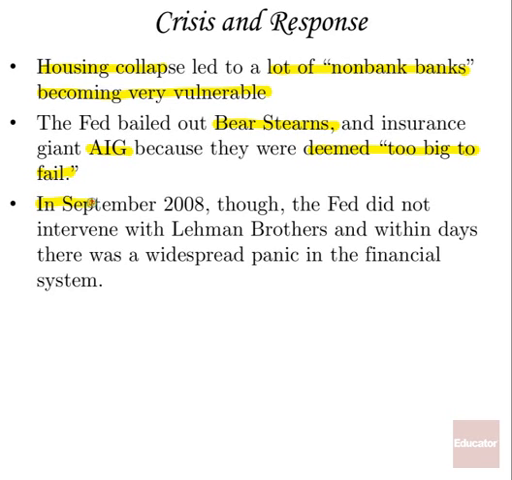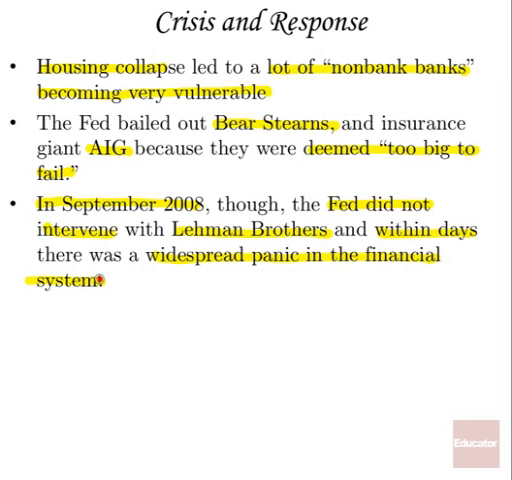But in September 2008, the Fed, for some reason, did not intervene with Lehman Brothers, and so they were allowed to fail. And within days, there was this widespread panic in the financial system. Well, if Lehman Brothers falls, then other institutions are going to fall, and it really created this panic and had a very profound effect on our financial markets up through the following year.